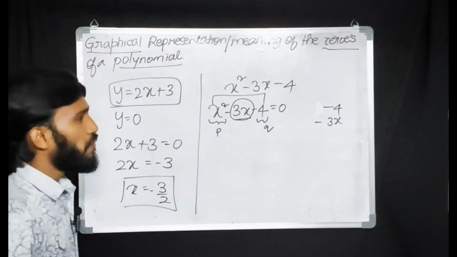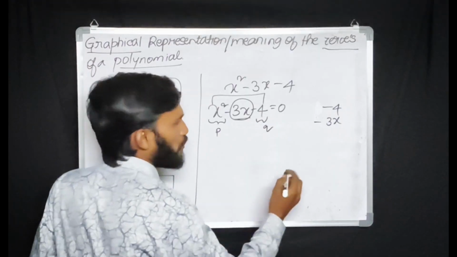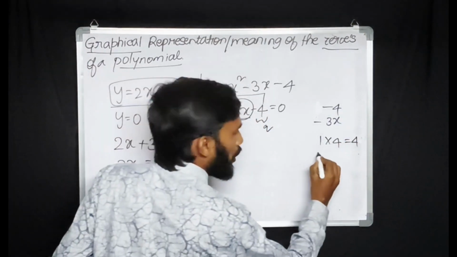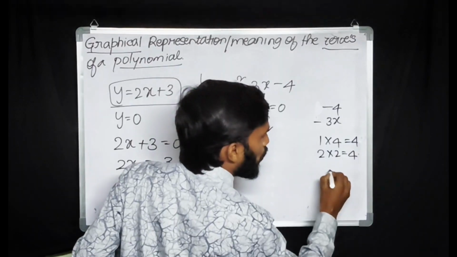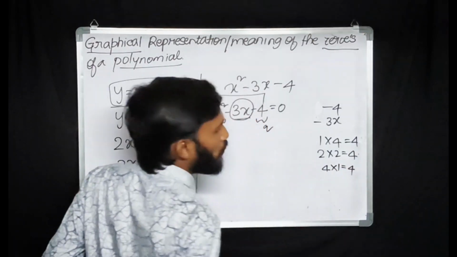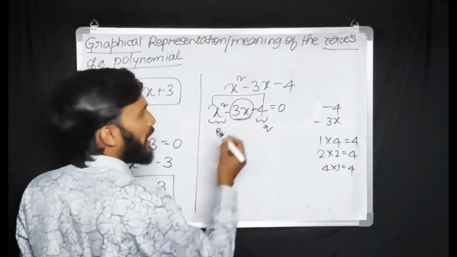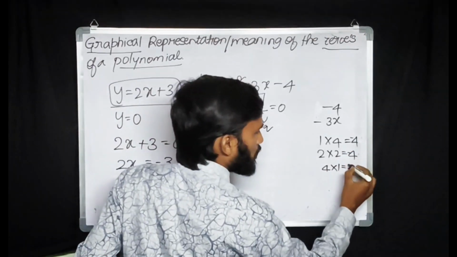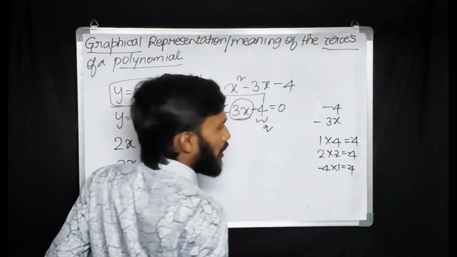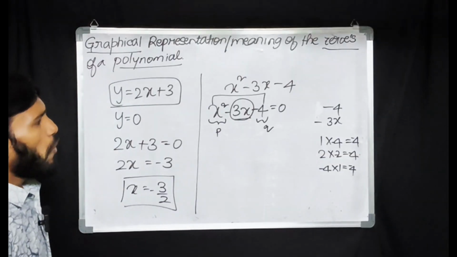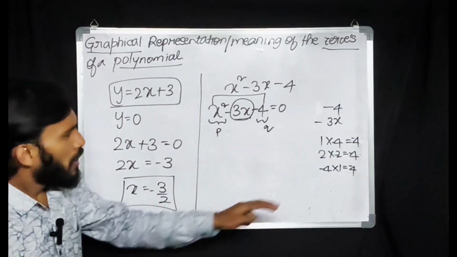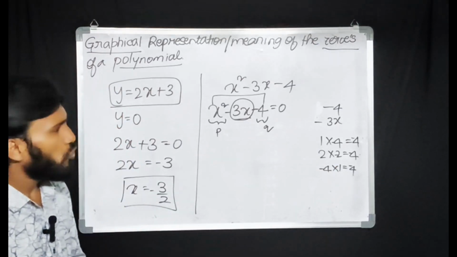How to do it? First we take the factors of 4: 1 into 4 is 4, 2 into 2 is 4, 4 into 1 is 4. But here it is -4, so keep a minus here. Which factors give -3x? 2 plus -2 gives?